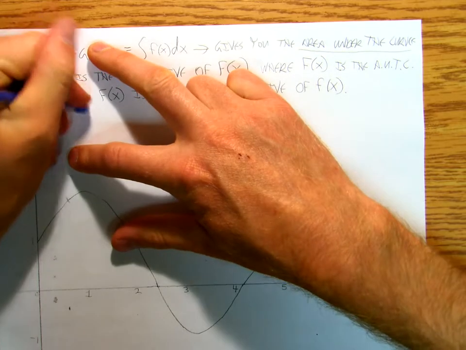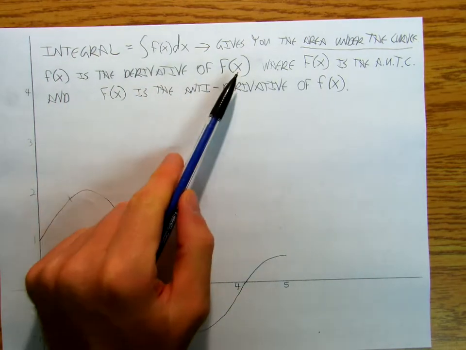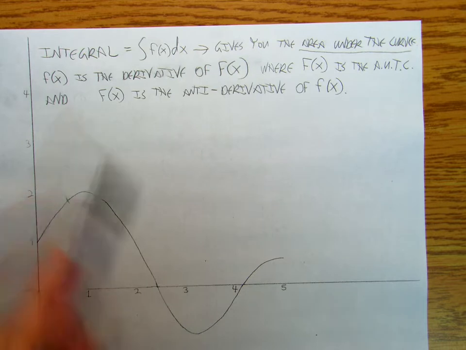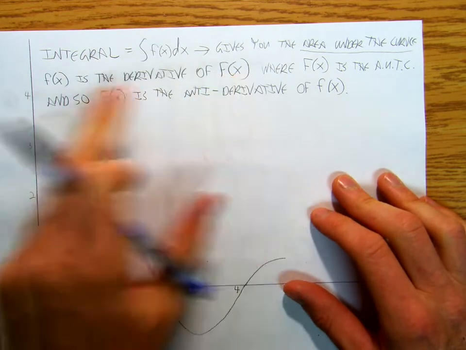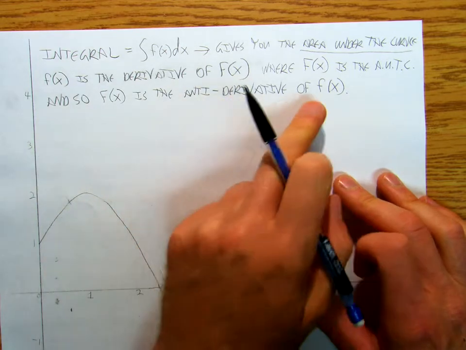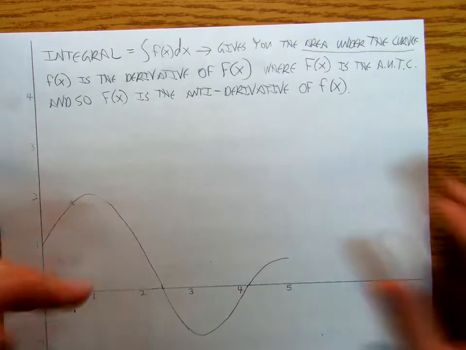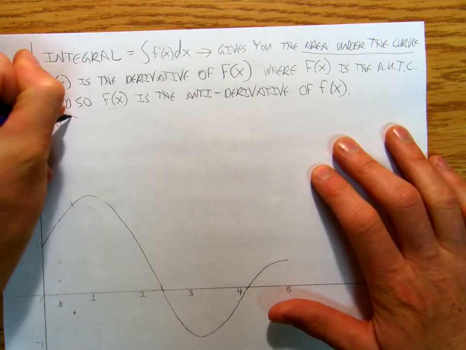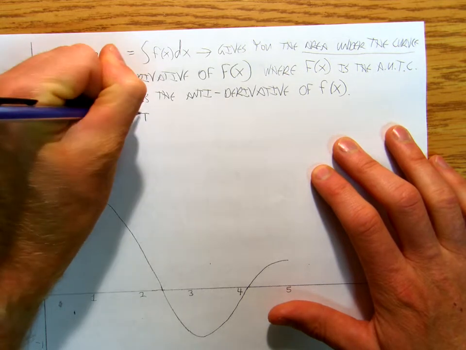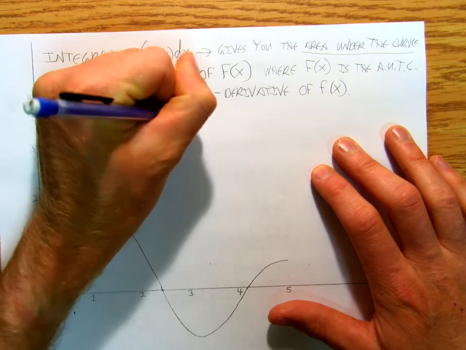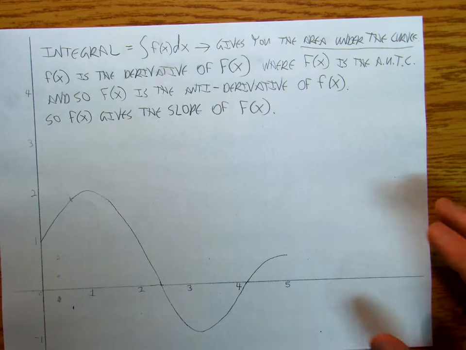Capital F of x is the derivative of f of x, and so it makes sense that little f of x gives the slope of capital F of x.